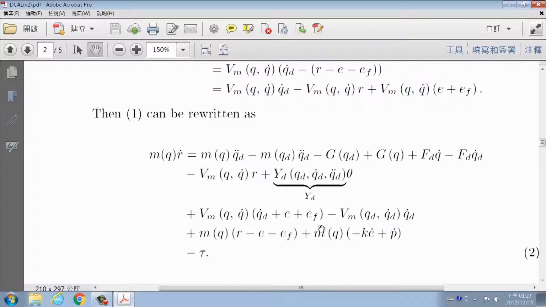Okay, and here this term, remember that the argument is replace Q by QD because it's coming from the YD theta term.